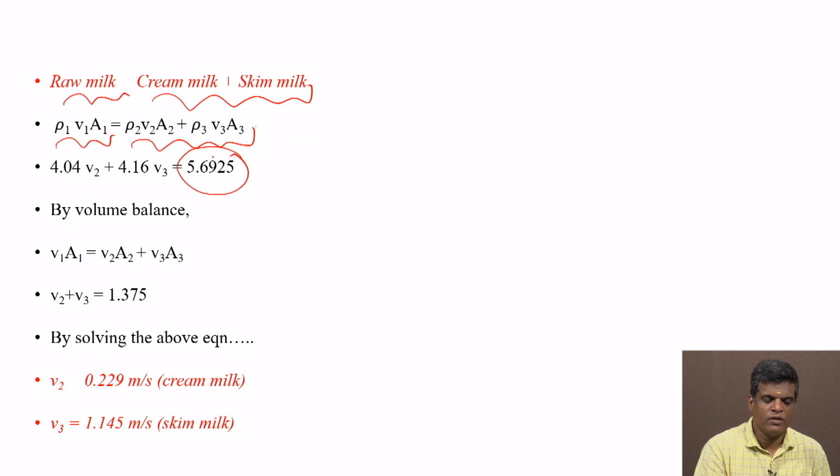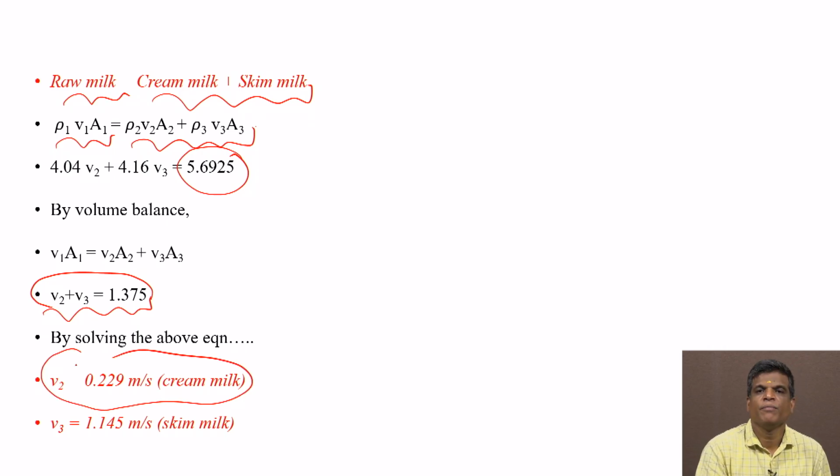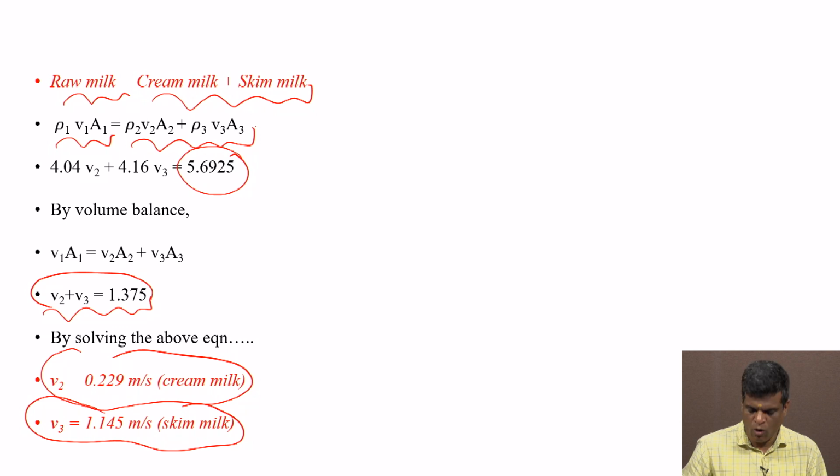Then you write a volume balance as well, which gives one more equation: v2 plus v3 equal to 1.375. Basically, solve both equations, and we get the velocity of cream as 0.229 and the velocity of skim milk as 1.145. It's a very simple problem.